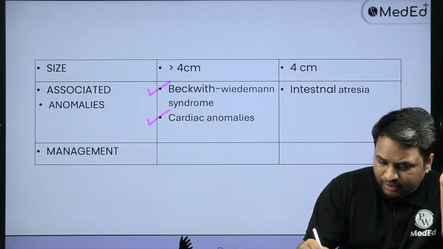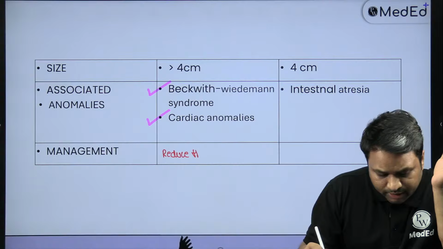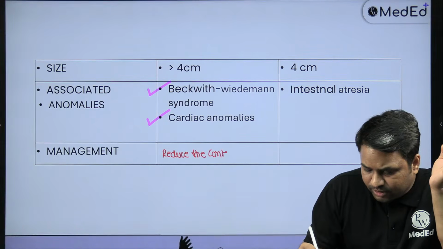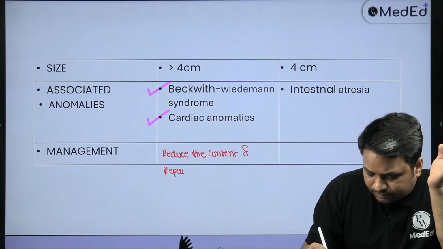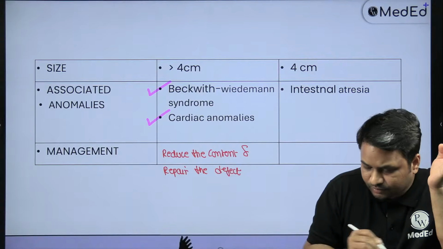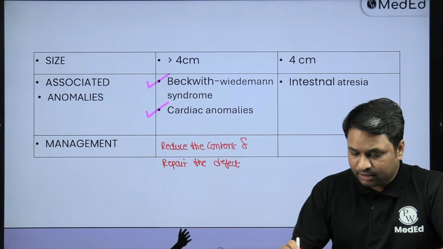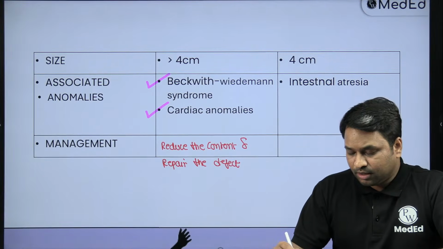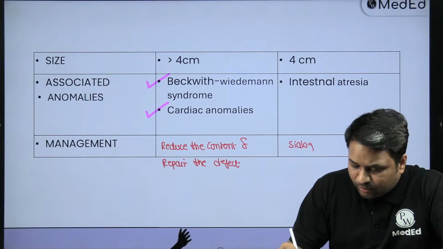So it has to be reduce the content and repair the defect. Whereas in gastroschisis, you have to put a silo bag first.